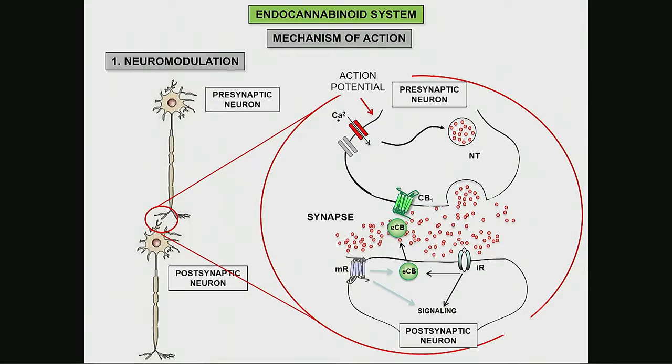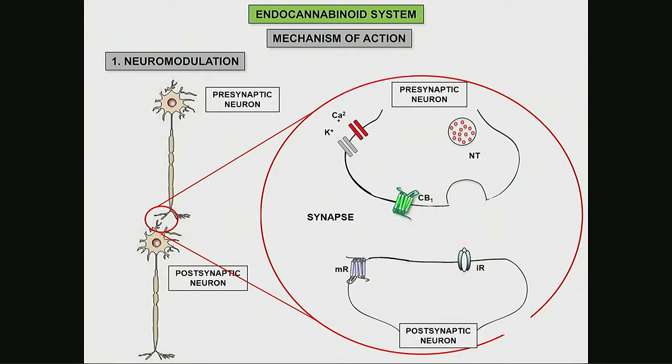When these receptors are activated, they close these calcium channels that were open in the first place. Remember, that was the signal that triggered the whole thing, these calcium channels opening. So what cannabinoids do is close these channels. As a result, all this communication is shut down, and the neurons become silent.